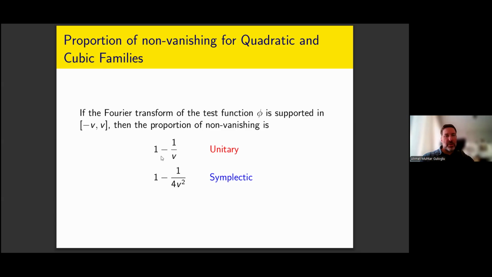For unitary family, this is the proportion you can get. So the larger support you can get here, the better proportion you're going to get. And for symplectic family, as you can see, this is definitely much larger than this one. And this has something to do with the behavior of the corresponding matrix families, basically: symplectic versus unitary family.